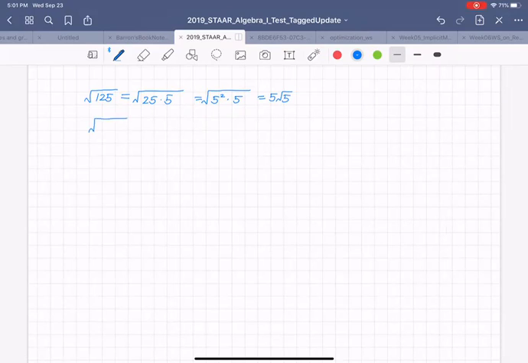Now, square root of 216. Go ahead and look for the factors of this number. You two go ahead, do it, and tell me what the answer is.